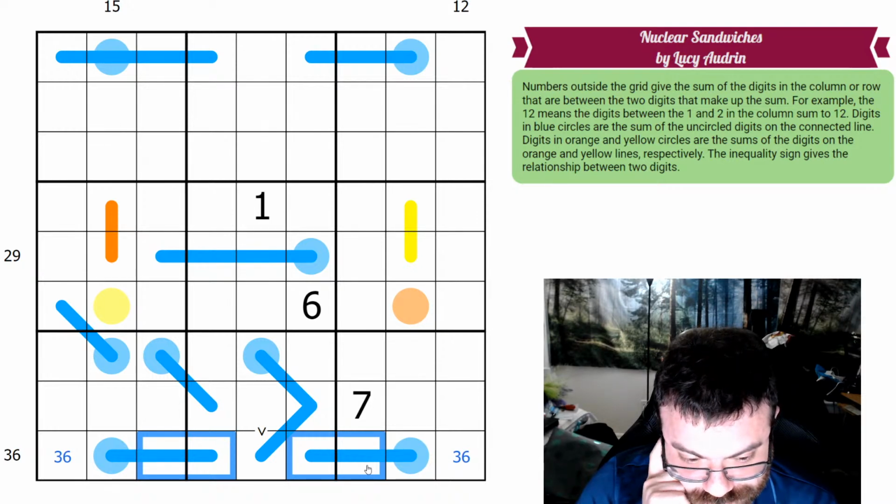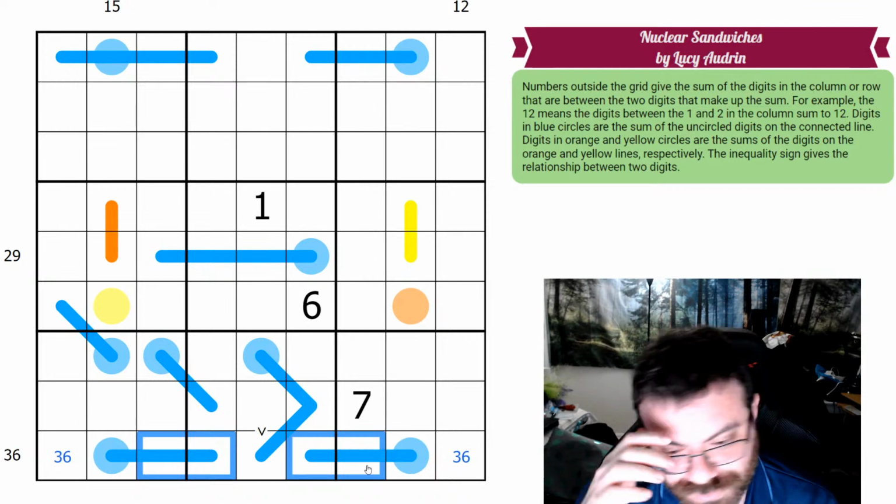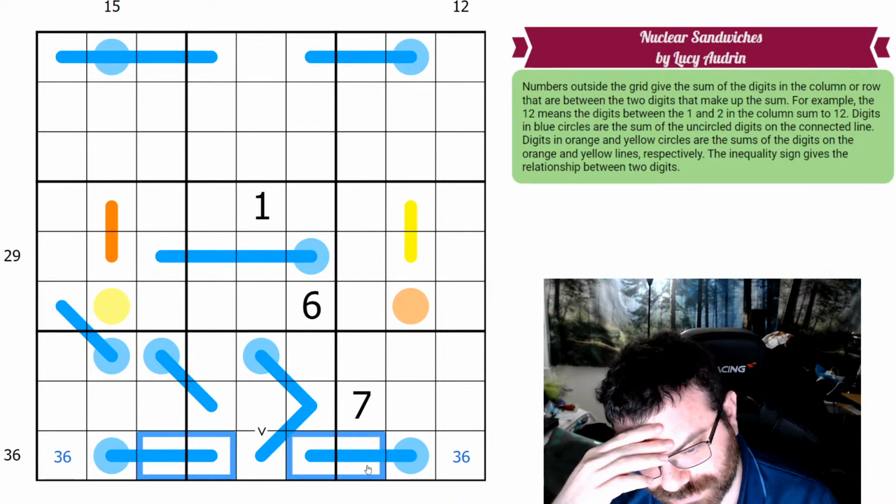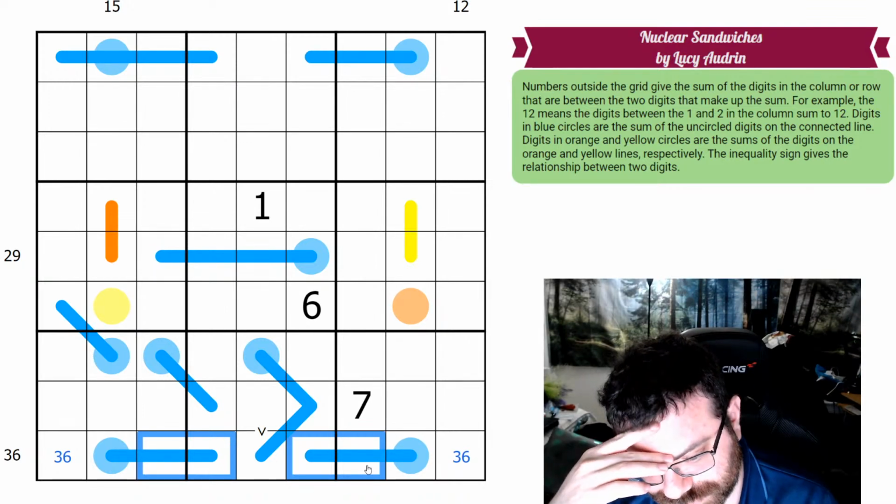Interesting. But if they were 1, 2, 4, 5, how would the rest add to 12? You couldn't.